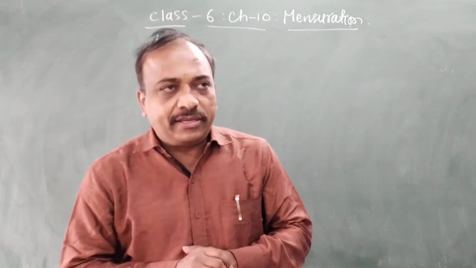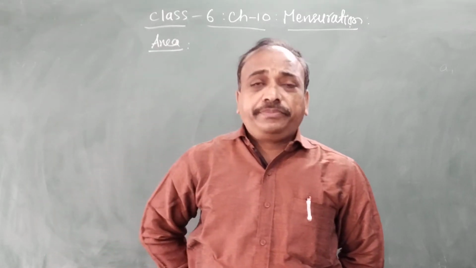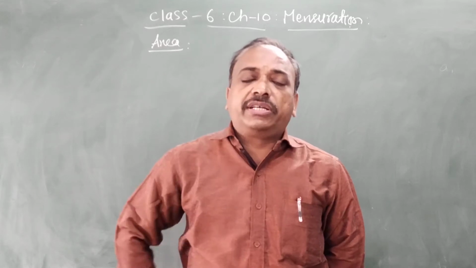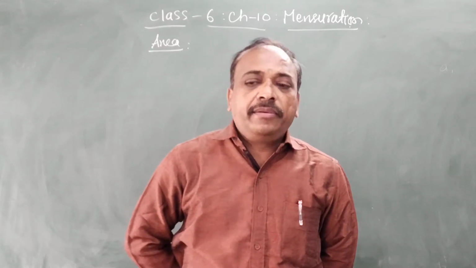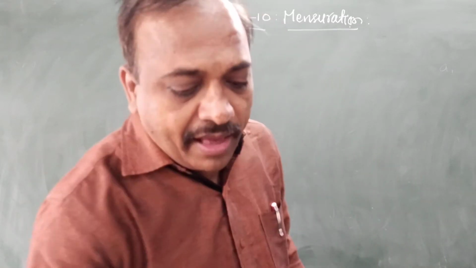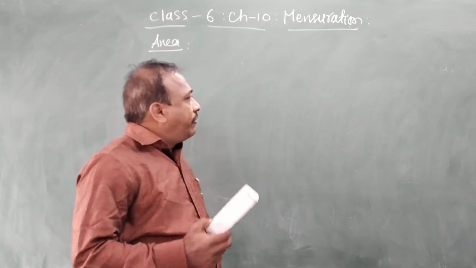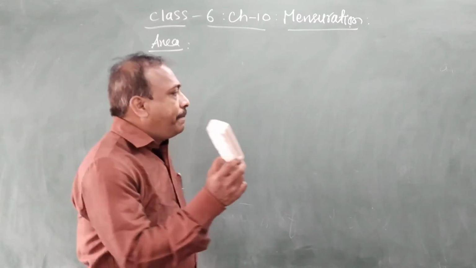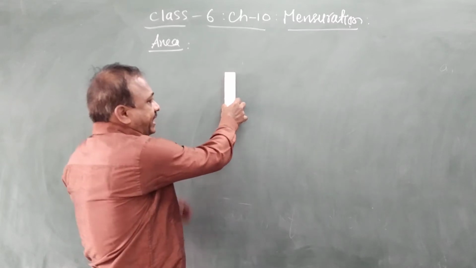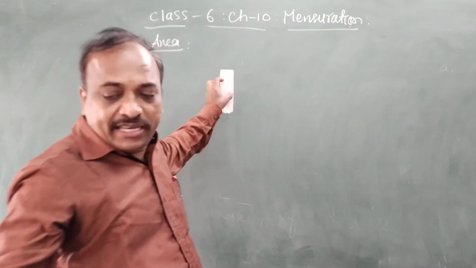In today's class, we are going to discuss another concept related to mensuration, that is area. Now, I have a duster in my hand. When I place it on the board, I can trace it out easily.